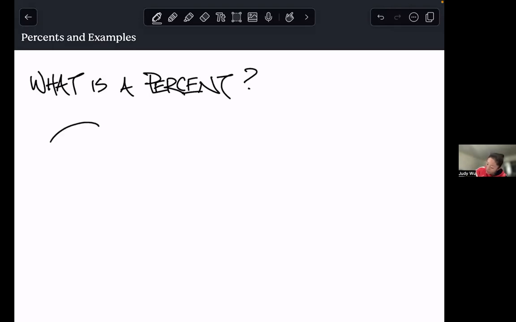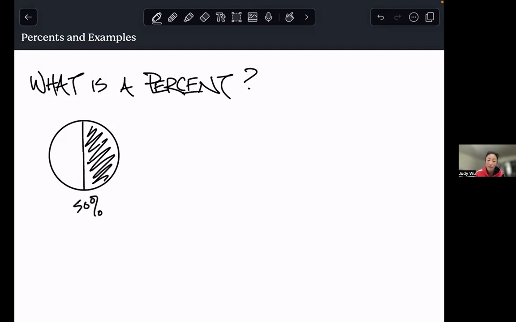If we go back to some pictures that we saw in elementary or middle school, maybe we saw a pie that was cut in half, and someone might say, how much of this circle or pie is shaded? We would say 50%, and that would be correct. Another way we could think about it is 1 out of 2 pieces is shaded. So we have half, or 50%.